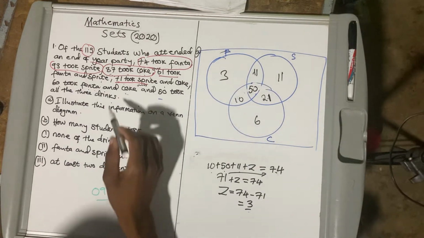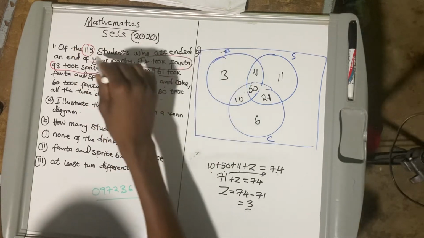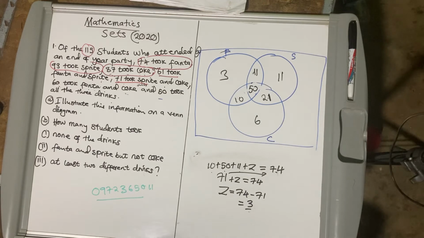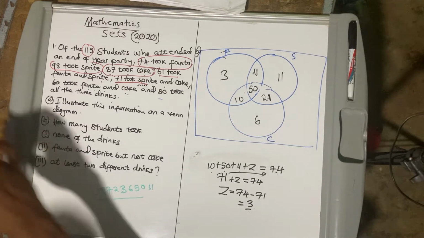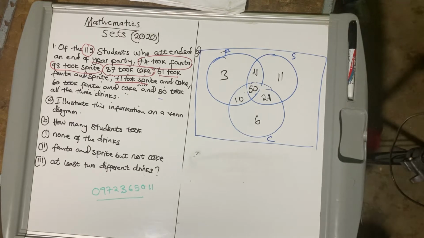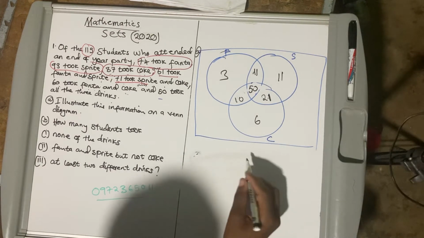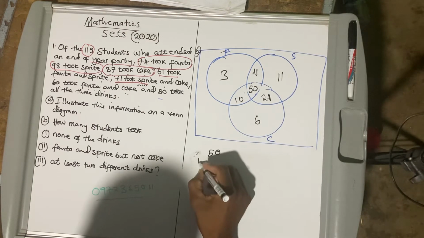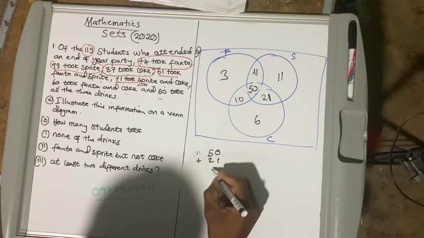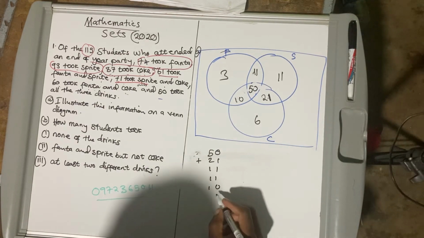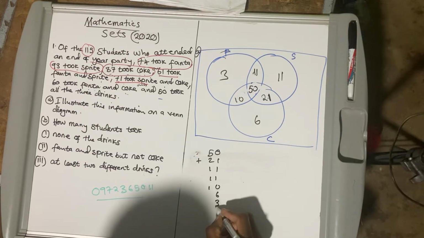Now remember, we have been told that all these students altogether are 115. So we need to add these numbers and see if it is giving us 115. We start with the bigger numbers: 50 plus 21 plus 11 plus 11 plus 10 plus 6 plus 3.